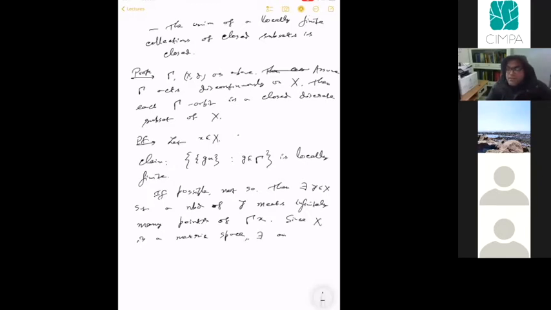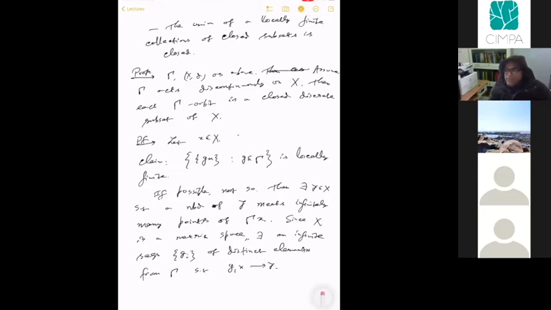So there exists an infinite sequence g_i of distinct elements from Γ such that g_i x goes to y.